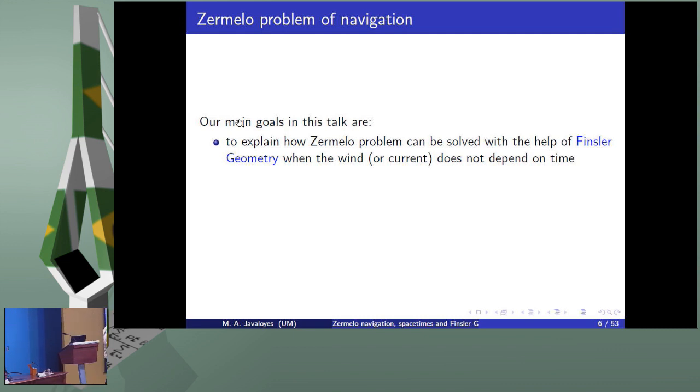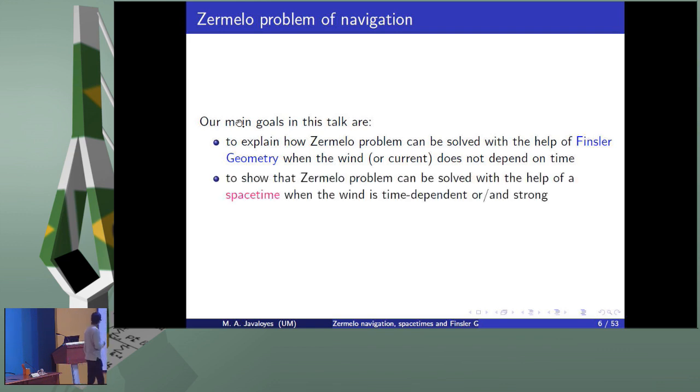So the main goals of the talk are basically two. First, I'm going to speak about Finsler geometry in order to see how the Zermelo problem can be solved using Finsler geometry. And then I'm going to explain how you can use spacetimes to solve a Zermelo problem which is time dependent.